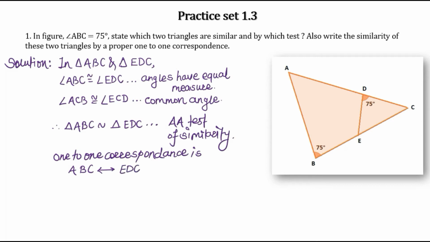A is congruent to E, B is congruent to D, and C is congruent to C. In this way we complete the first problem.